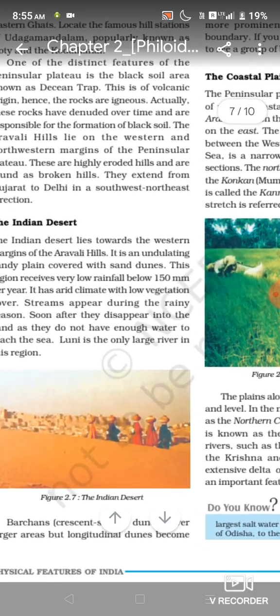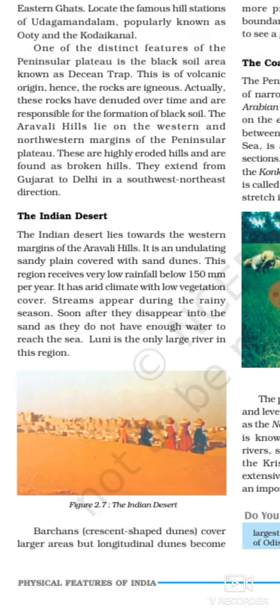The Indian Desert. The Indian Desert lies towards the western margin of the Aravalli Hills. It is an undulating sandy plain covered with sand dunes. Sand dunes means the crescent-shaped structures found in the desert. In this region, the rainfall is very low, about 150 mm per year, with a very arid climate and low vegetation cover.